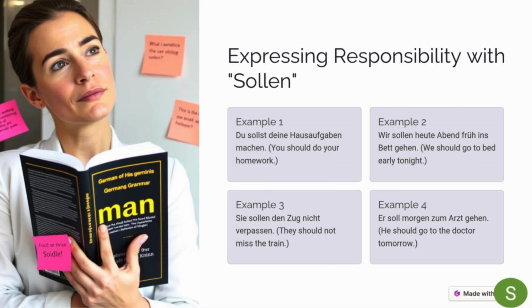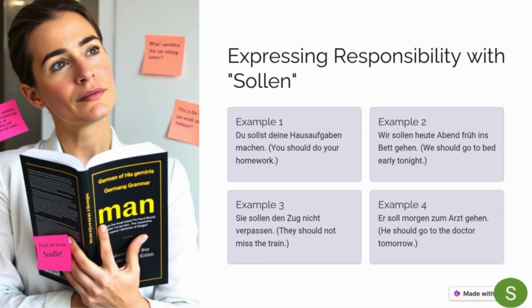So sollst is the conjugation of du in this sentence. We can say du sollst, you should do your homework. It can also translate to you ought to do your homework, or you are supposed to do your homework.